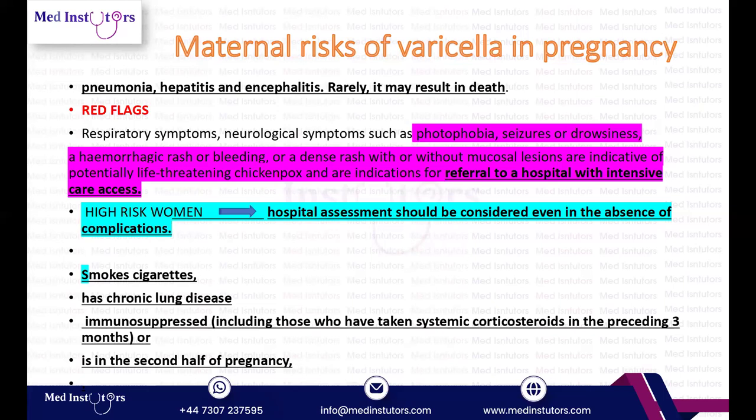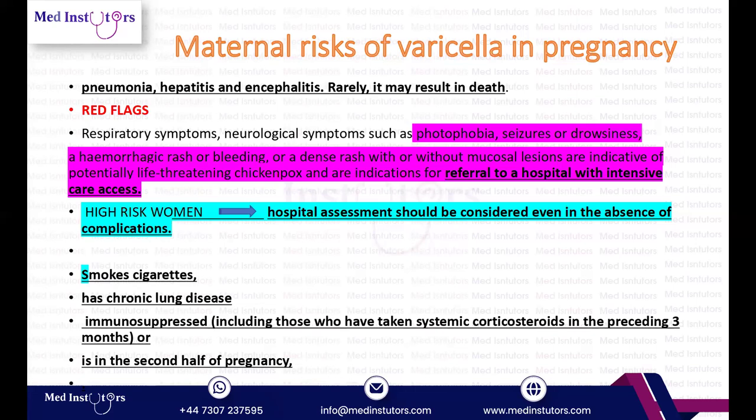That indicates that she has certain severe maternal risks from this infection in pregnancy. These are pneumonia, hepatitis, and encephalitis. And rarely it can even result in death. See how complicated it could be in pregnancy if we cannot treat the woman properly or in time.